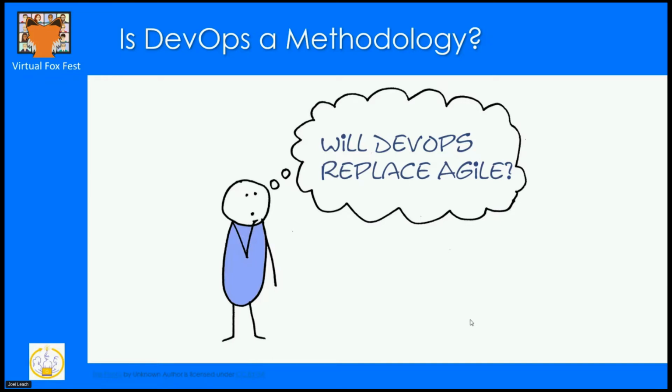Now, I don't see it as a replacement for Agile, at least not in the same sense that Agile has replaced Waterfall. But one of the major goals of Agile, or tenets of it, is frequent releases to get feedback from users early and often and to improve the product.